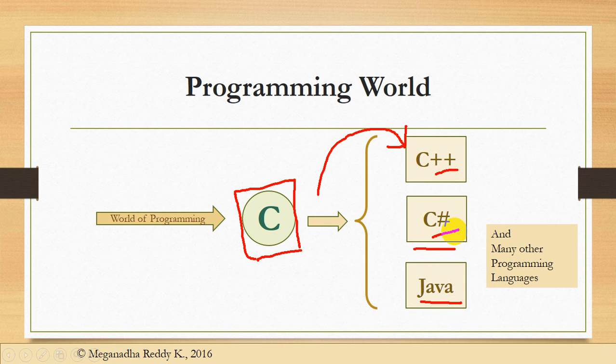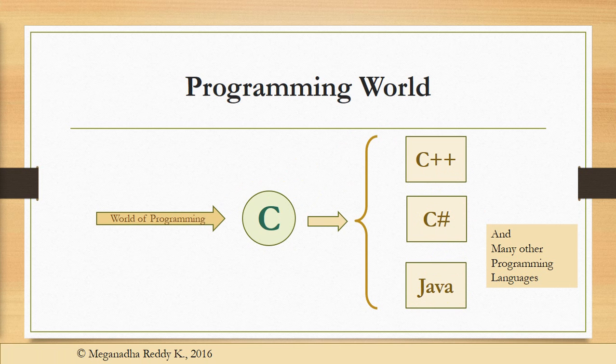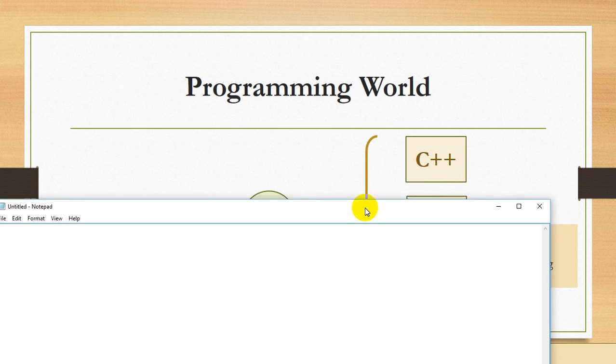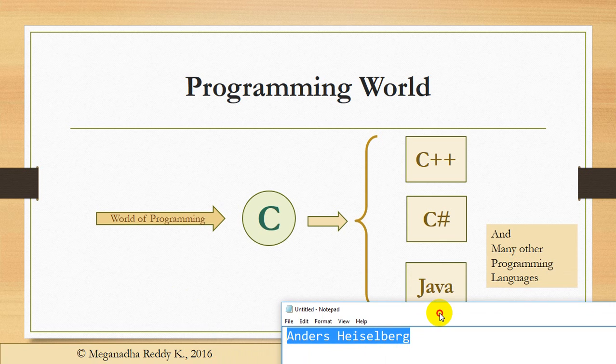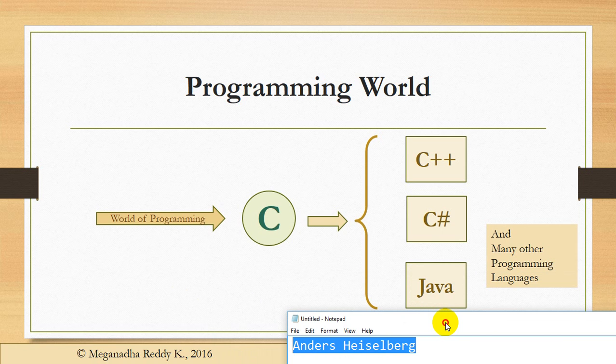The person who designed C# is Anders Hejlsberg, a program manager in Microsoft. He is the program manager who is behind designing the C# programming language completely, and he managed a team and helped in implementing C#.